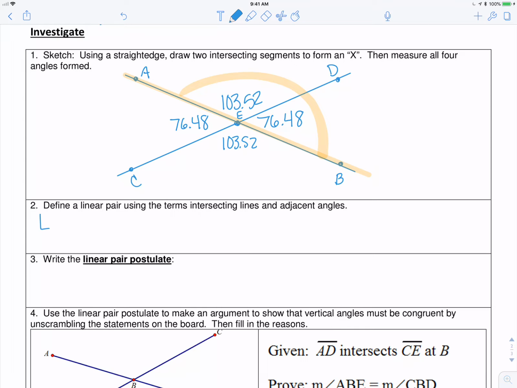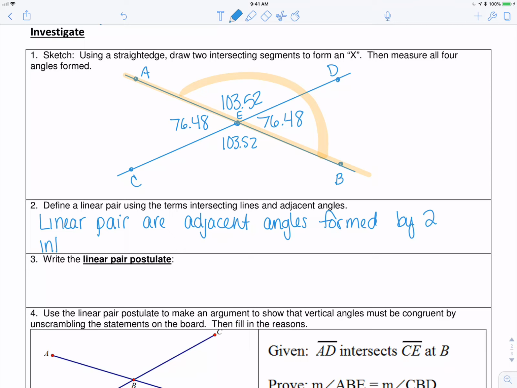So a linear pair are adjacent angles formed, how did I make those? By 2 intersecting lines whose non-shared sides form a line.